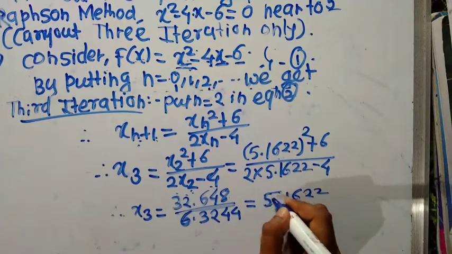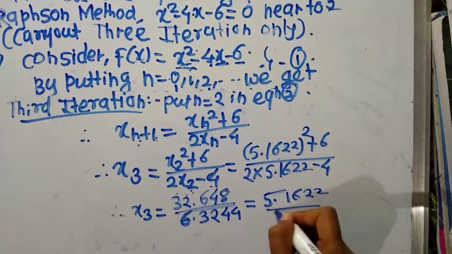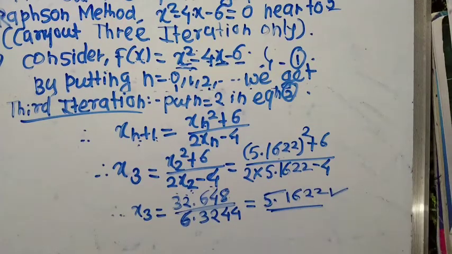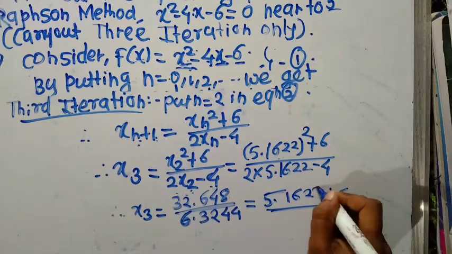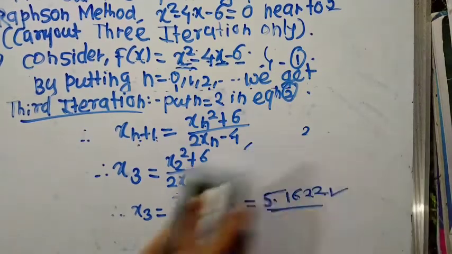It is also the same. So this is the third iteration: 5.1622.